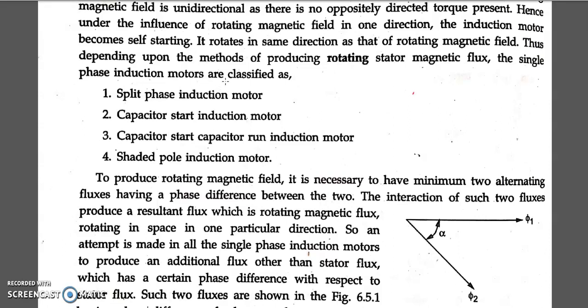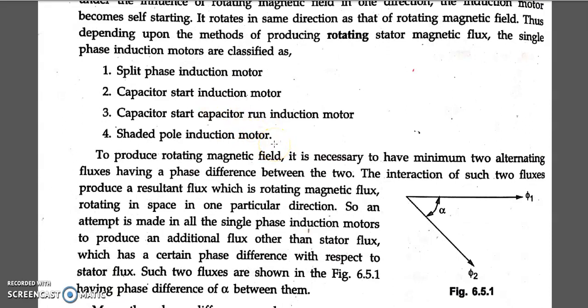The winding I've added is also called an auxiliary winding, in contrast to the main winding. Make sure the main winding and the auxiliary winding are 90 degrees to each other in space. Before, there was only one main flux, but now you have two fluxes.